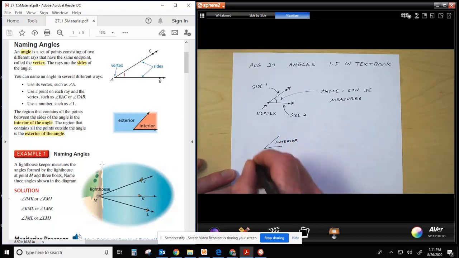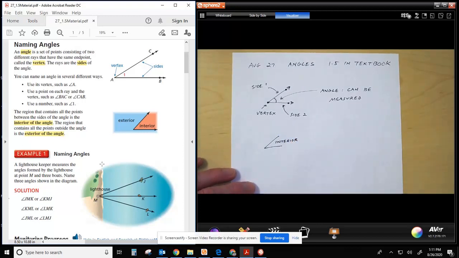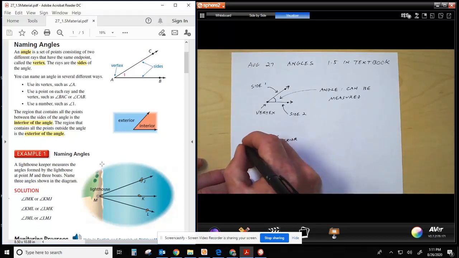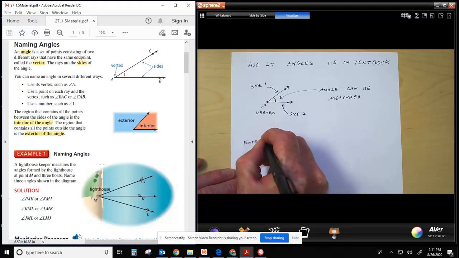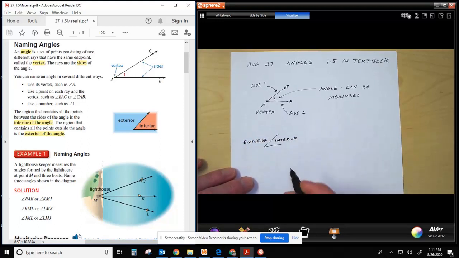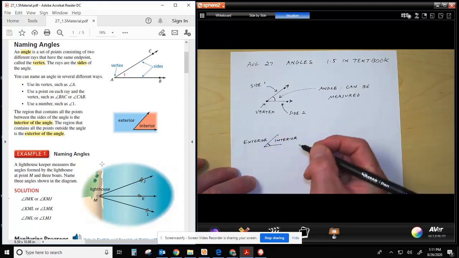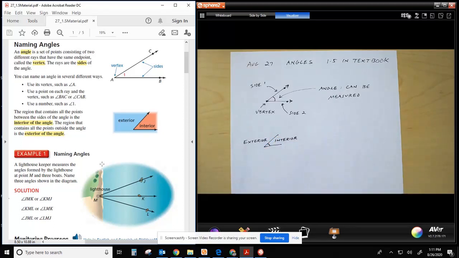And I am going kind of quick because you guys now have access to the textbook. You can review this. And this is the exterior space. The exterior space for the angle is everything outside of this. The region that contains all points outside the angle is the exterior, the outside.